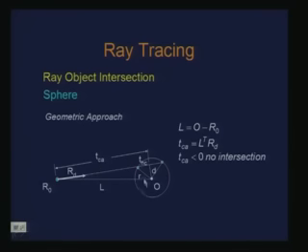This is nothing but a projection of L onto the direction of the ray, which is a dot product, L transpose times Rd. So, I can compute L, and I can compute t_ca.